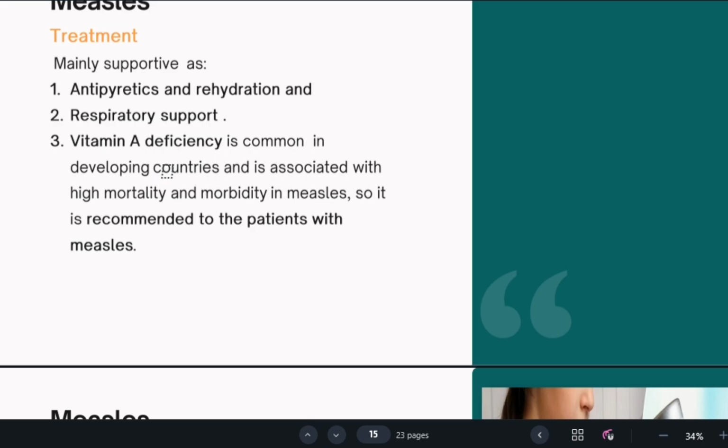Common in developing countries, it is associated with high mortality and morbidity in measles. So it's recommended for the patient with measles; any patient who has measles must take a vitamin A supplement. The dosing is as follows.